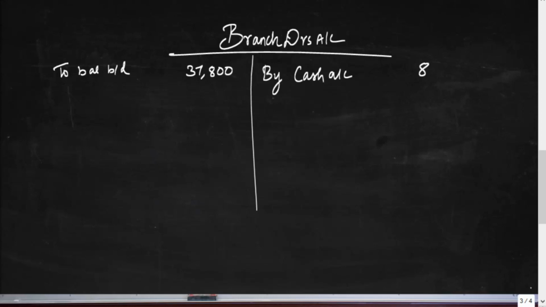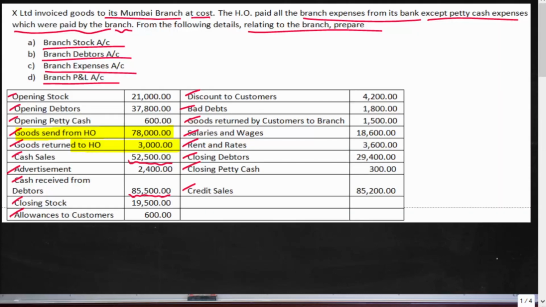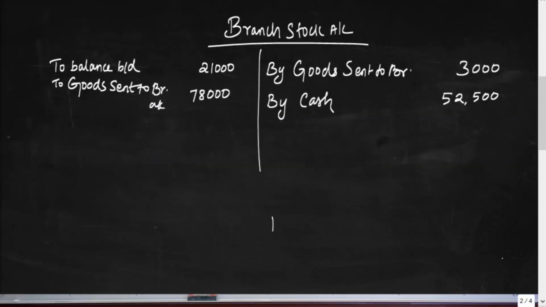It is 85,500. So that is taken care. Then we have closing stock 19,500. So we'll simply write that by balance carry down. It is 19,500. So that is taken care.